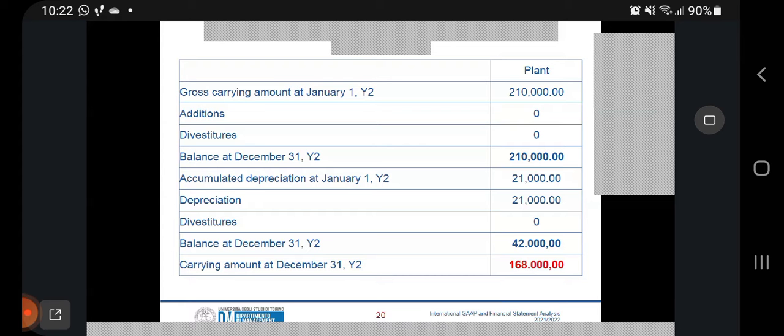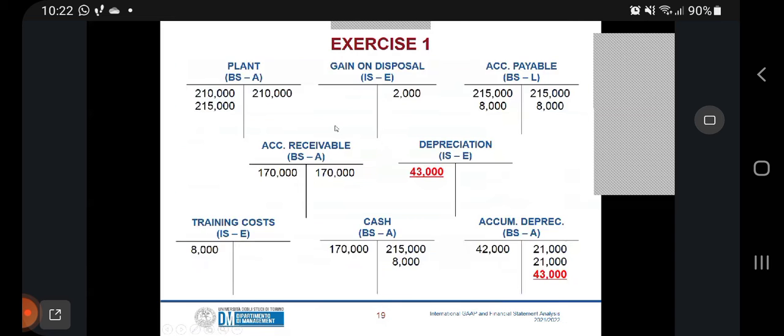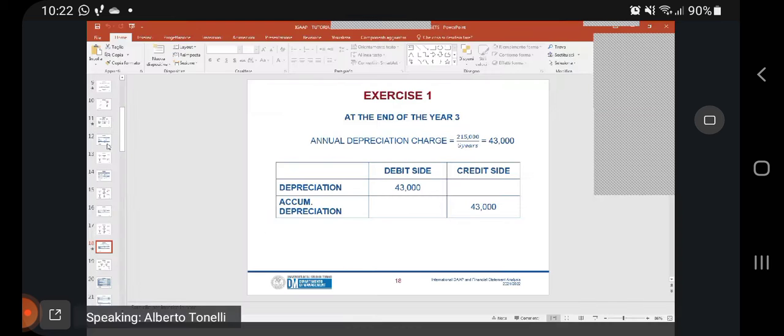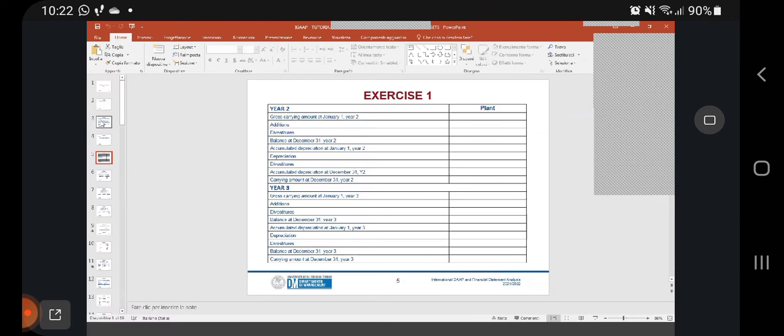Okay, so now 2 or 3 minutes in order to do the second part of the table, namely for the third year. This exercise is up to you.